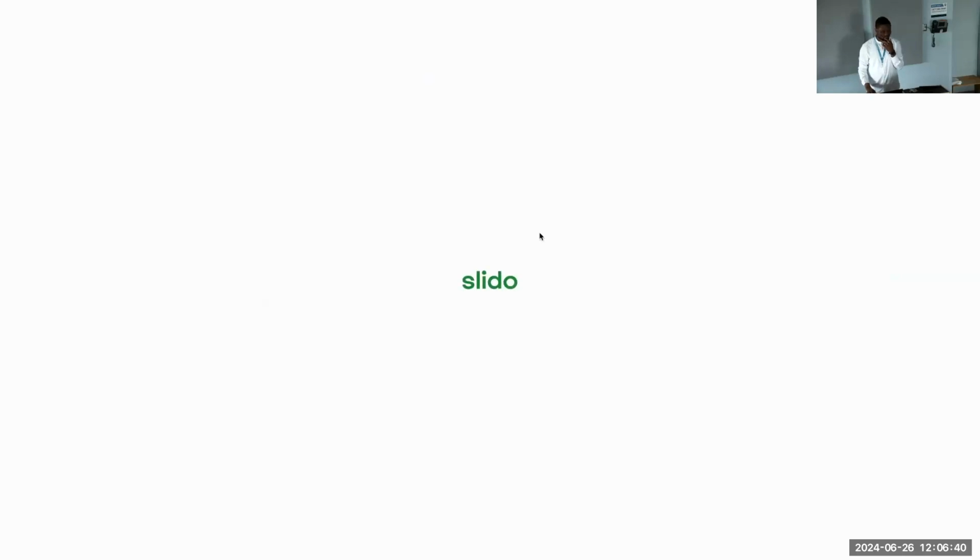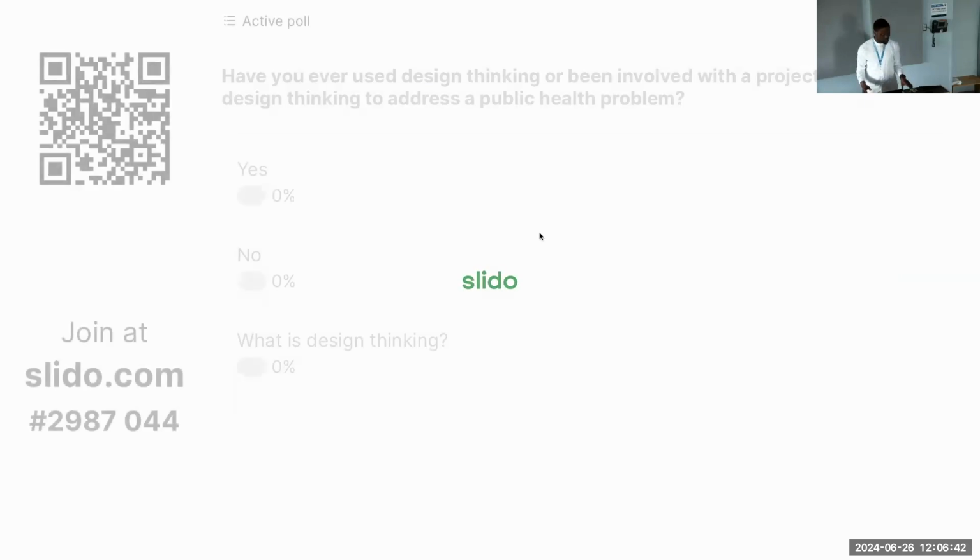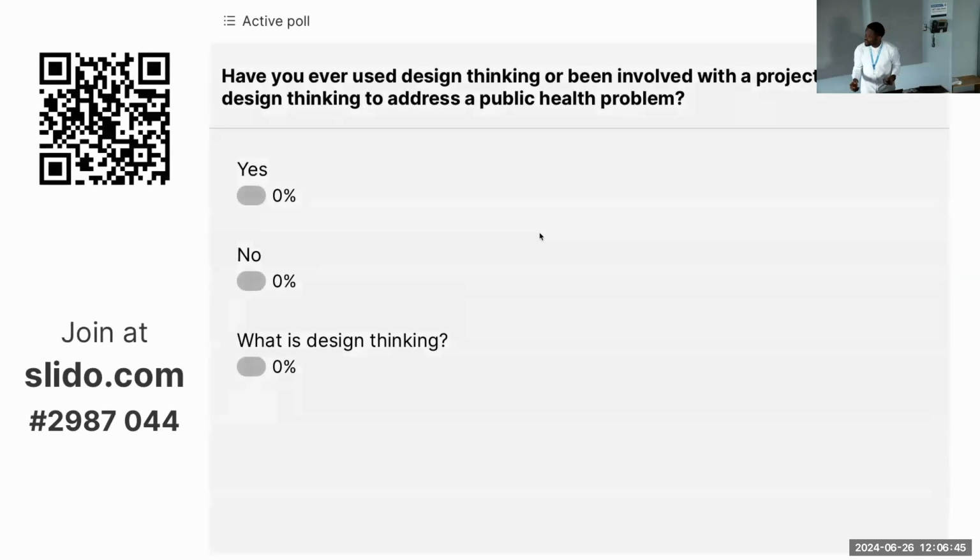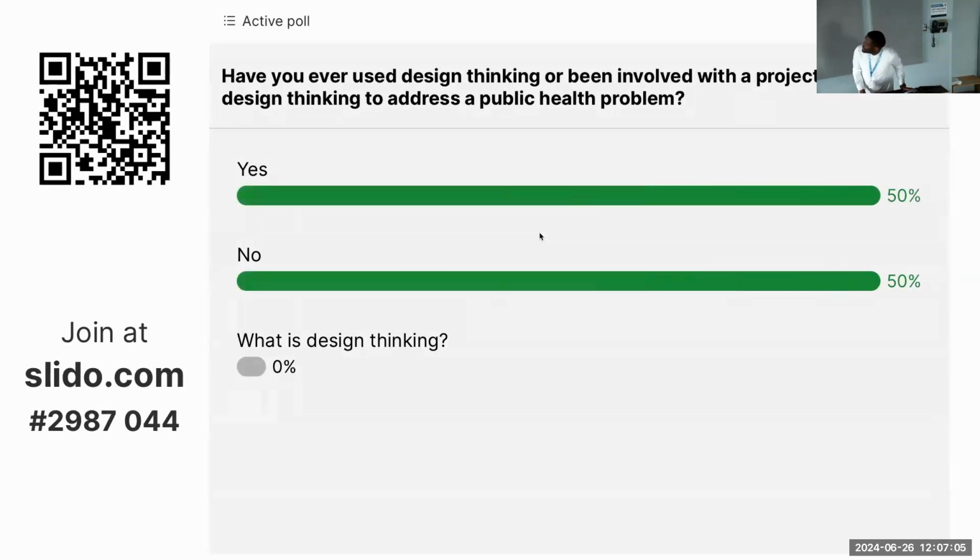So before we start, if you can get your phones and scan the QR code, I just want to learn from you. Have you ever used design thinking before? Have you ever been involved with a project that used design thinking? If you can scan the QR codes using your phones, or just go to slido.com and enter the numbers, it'll be good.